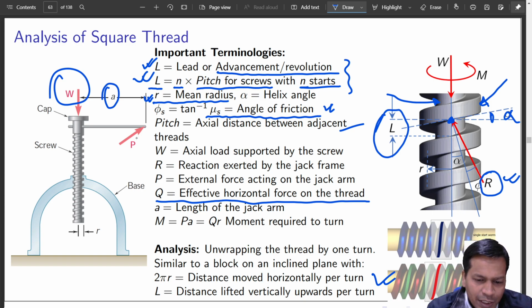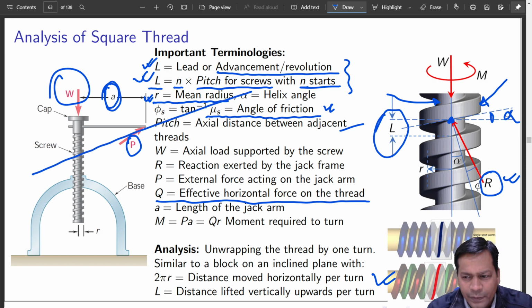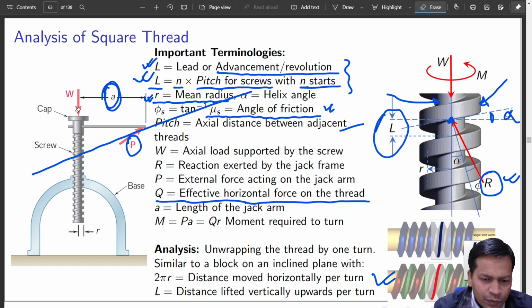So if P into A is the moment, how much is the force that is trying to lift this load? This is like an inclined plane. Do you agree? On which you are trying to ride. So if this is an inclined plane, you can assume this load as a block which is trying to ride upon that.